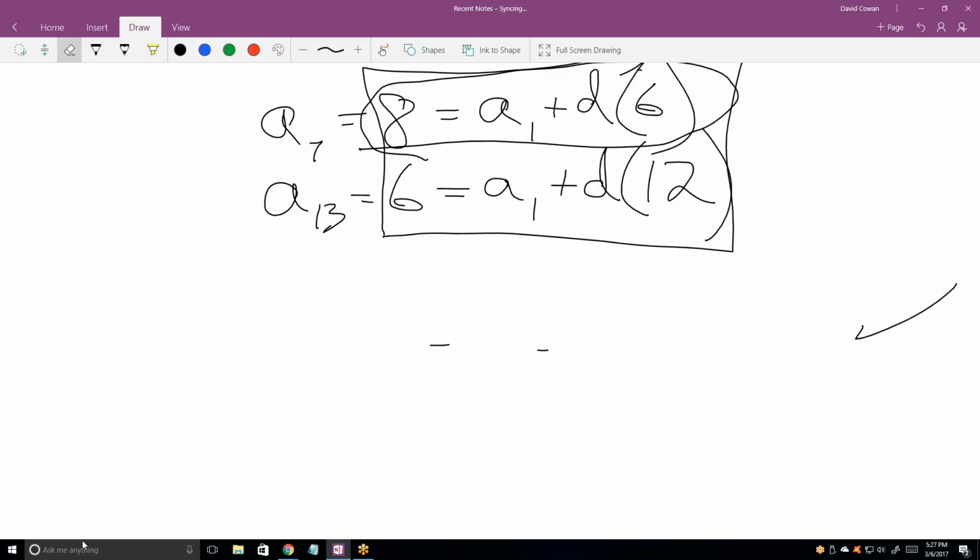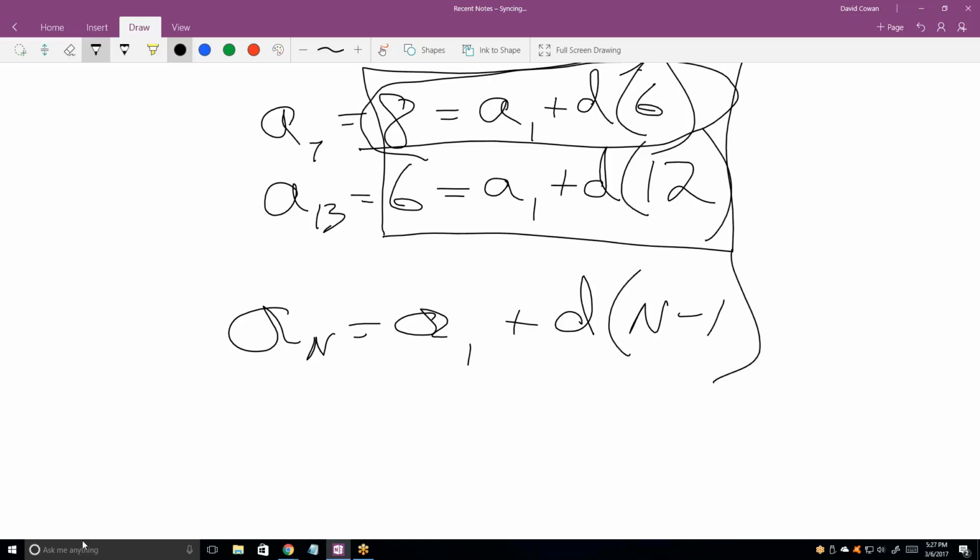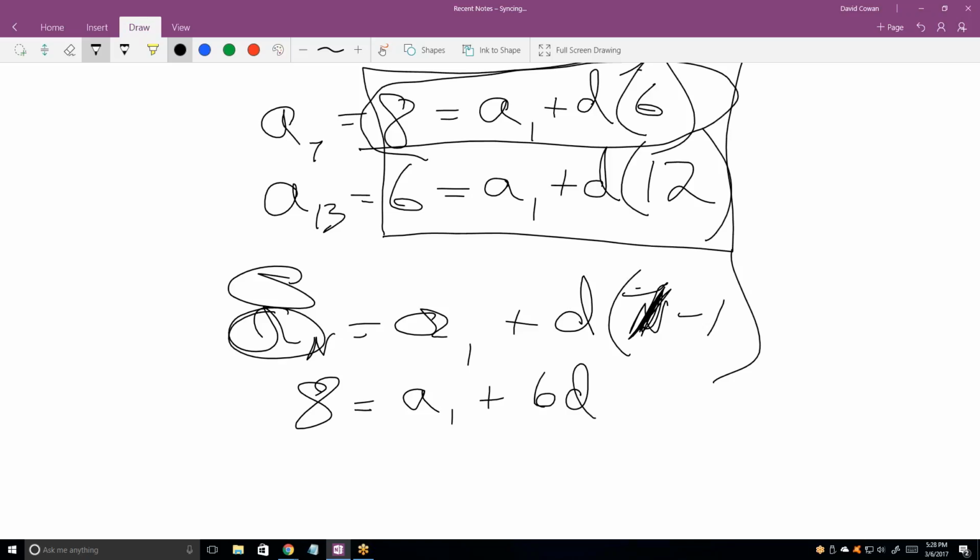We know that a sub n is always equal to a sub 1 plus d times n minus 1. So they told me what a sub 7 was, is 8. So I can put 8 there, and I can put 7 for n. And that's where I get that first equation, which was a sub 1 plus 6d. And I do the same thing for the second, and I get 6 equals a sub 1 plus 12d.